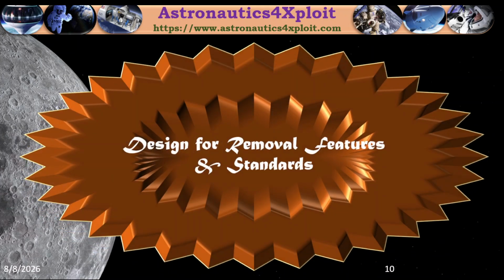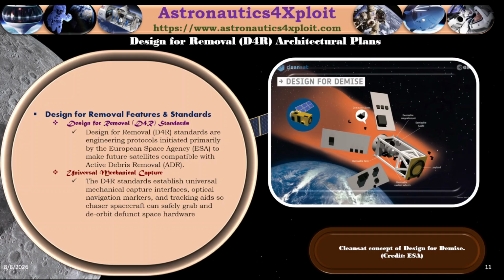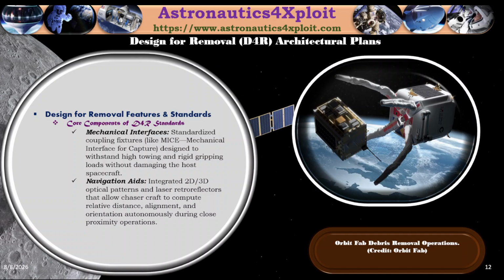Design for removal features and standards. Design for removal standards are engineering protocols initiated primarily by the European Space Agency in order to make future satellites compatible with active debris removal. The design for removal standards establish universal mechanical capture interfaces. The clear-sight concept of design for demise is illustrated in this picture.